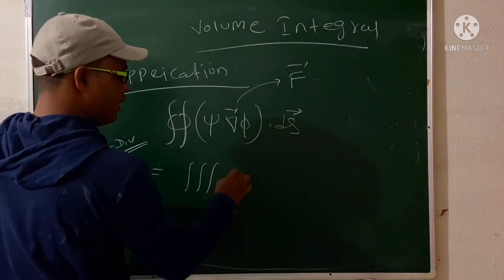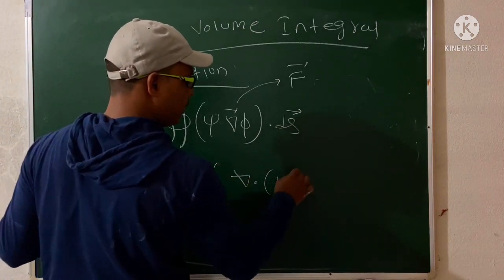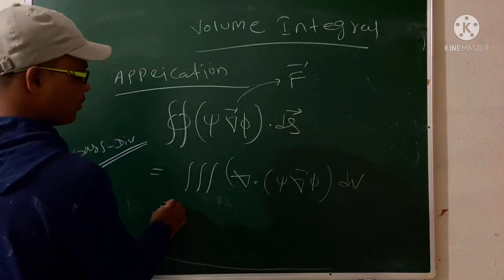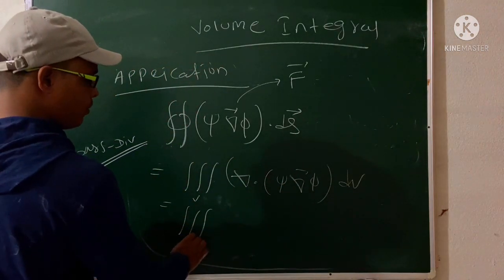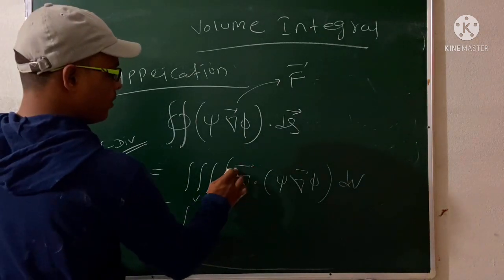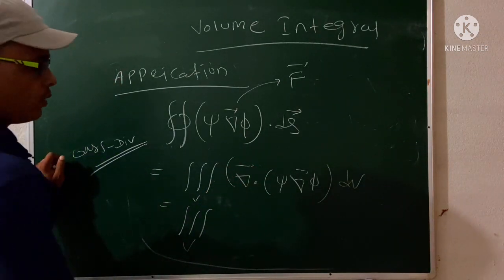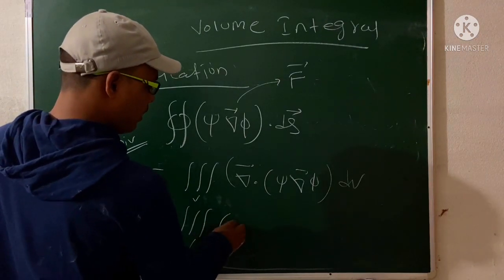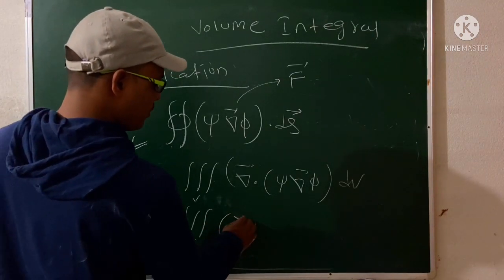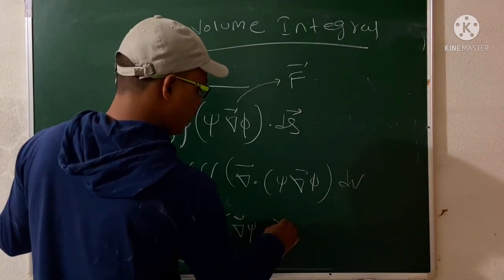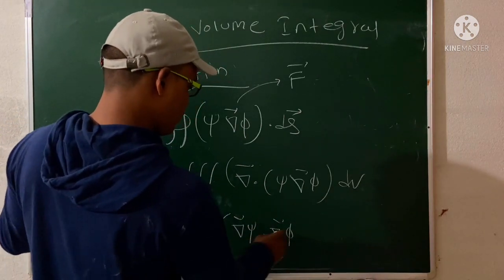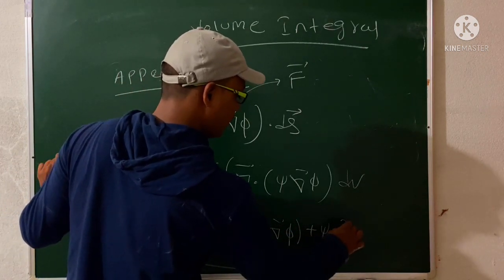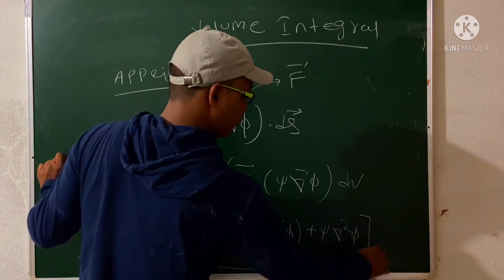So how much will this be? It will be del dot psi del phi over dv. So this is the volume integral. For the volume, how will we do the operation? Del dot psi del phi will be del psi dot del phi plus psi del square phi into dv.